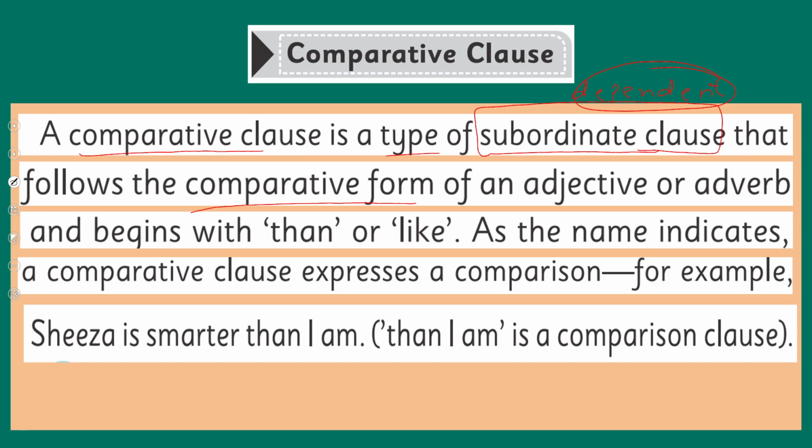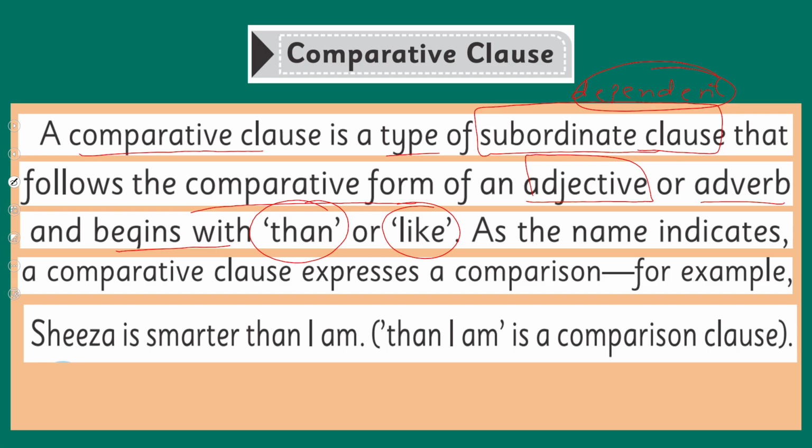Now, students, you know that adjectives have comparison degrees like comparative and superlative, and adverbs also have degrees, and it begins with "than" or "like". As the name indicates, a comparative clause expresses a comparison.